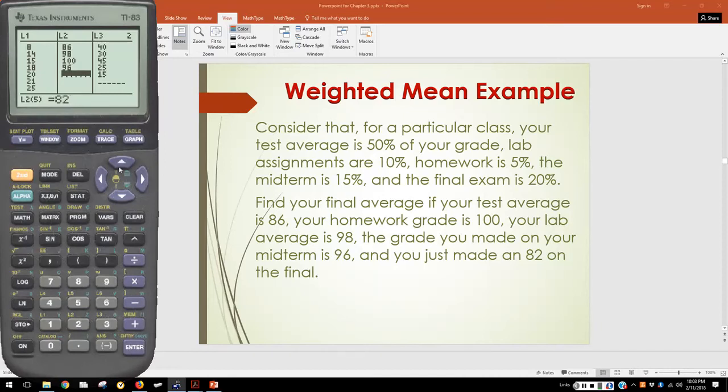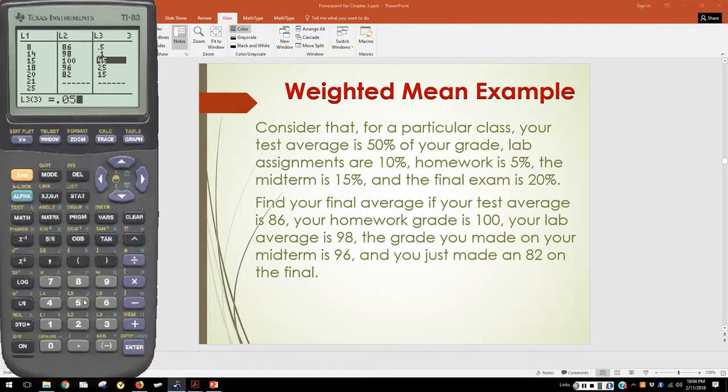Then, over in the next column, I'm going to type in the weights, and I'm going to type in those weights as decimals. So 50% is 0.5 or 0.50. Lab assignments are 0.10. And even though I type in 0.10, it changes it to 0.1. Homework is 0.05.